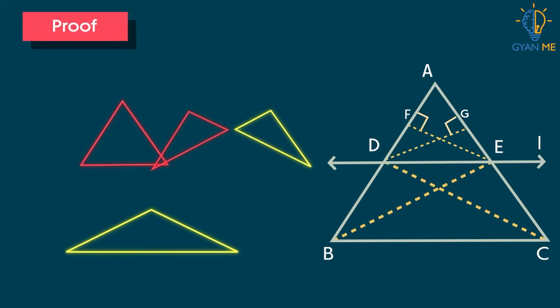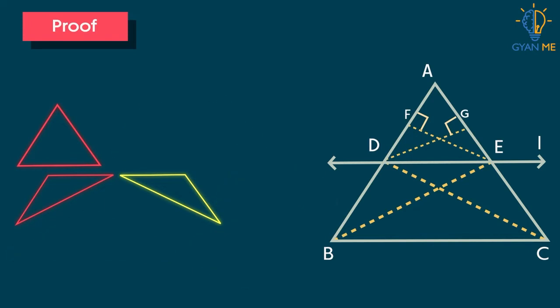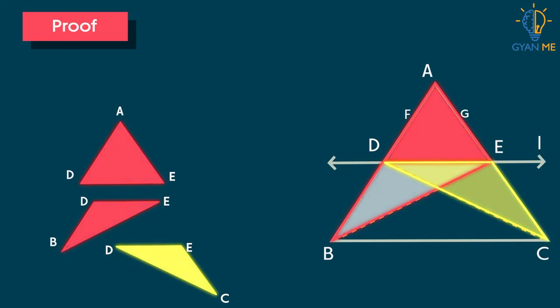How many triangles do we observe? Yes, there are many triangles. But for our proof, we will consider three triangles, namely triangle ADE, triangle BDE, and triangle CDE. Now let's find out the areas of these triangles one by one.